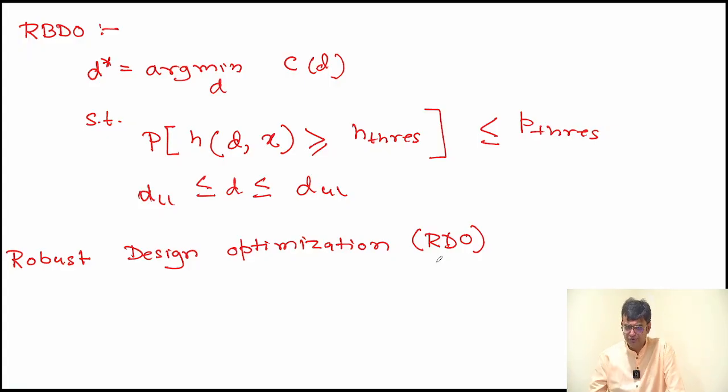In RDO, the strategy is something else. Now you don't care about reliability, but you care about sensitivity. Can we find a design point where even if the design variable is perturbed, the objective function will not change much?